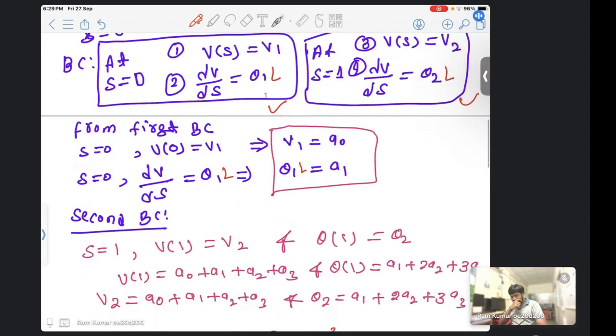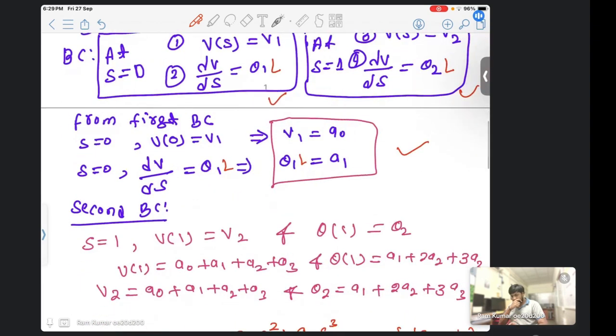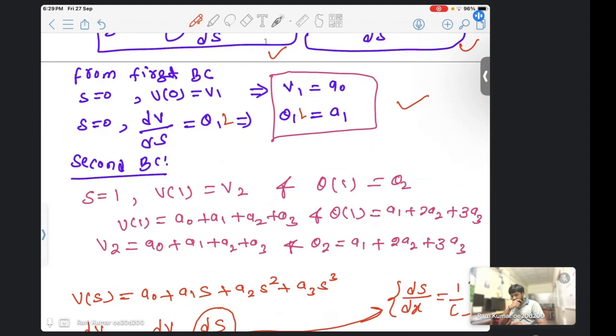At x equal to 1, v equal to v1, so this is also okay. This is also okay. And this boundary condition, theta 2 equal to a1 plus 2a2.